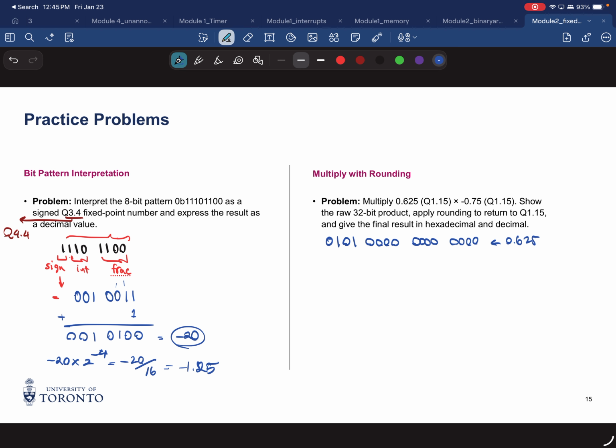Now, minus 0.75. That's the pretty one, I guess. So for minus 0.75, let's do this. First, let's find 0.75, okay? Then we calculate the 2's complement, right?